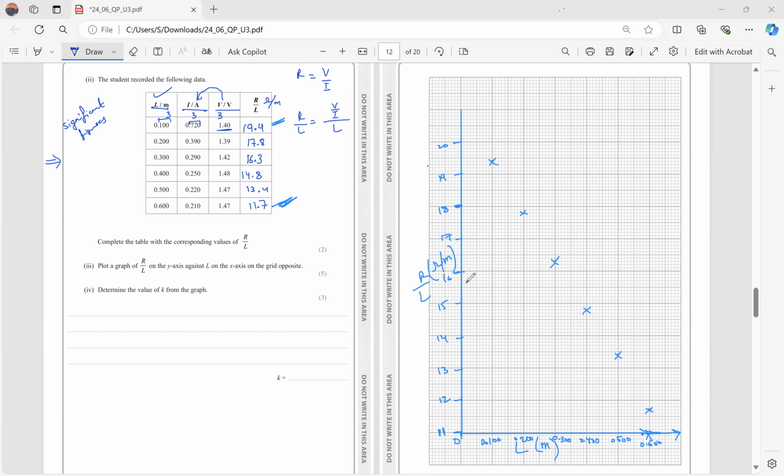And you can see, it's a beautiful graph. Not in the way that I've written things, but it's covering more than half of the region. The scale is sensible, so it's great. Let's just draw the best fit line. Remember to pass through most of the points. So we can do this.